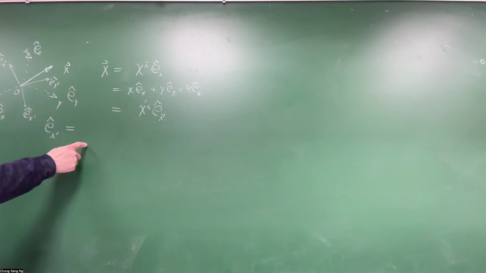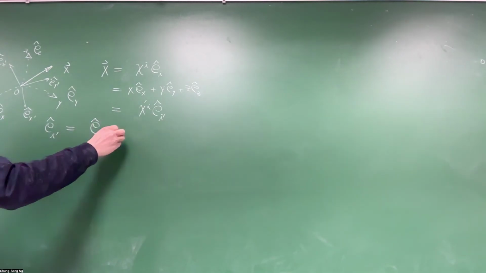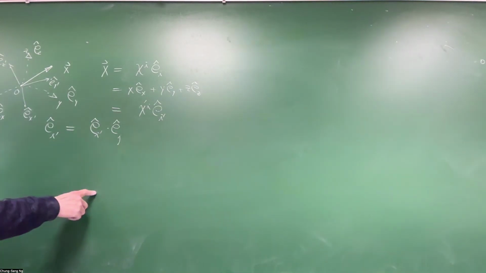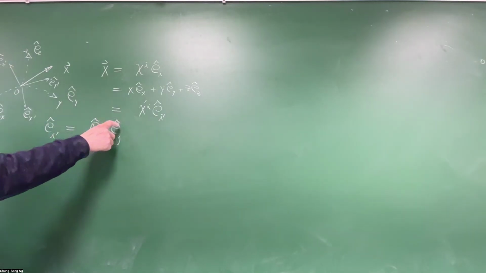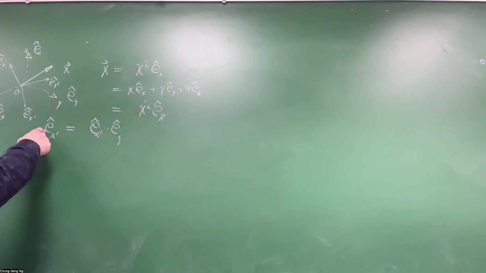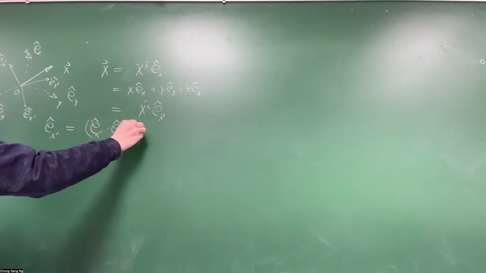And the projection is what we define as the dot product. So you have EI prime, this new unit vector, dot the old unit vector, say J. Right? That's the projection of EI prime on the old unit vector Ej. And the vector will be the sum over all this projection in the same unit vector.